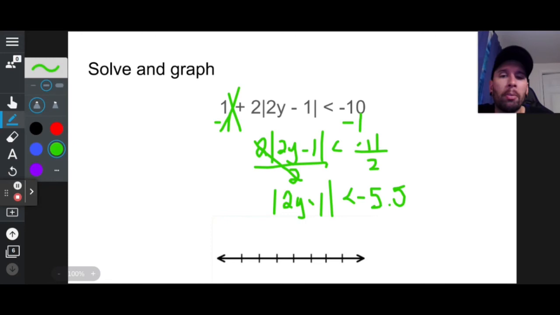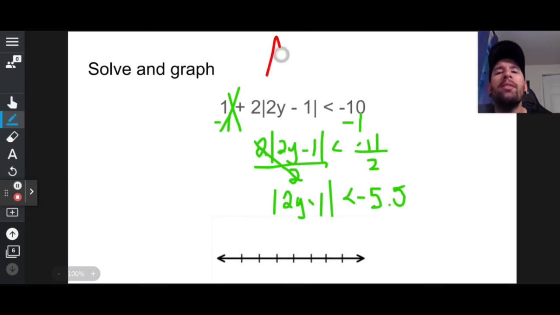I'm going to split this up into 2 equations. This is a less than. So I have a big and hovering around.